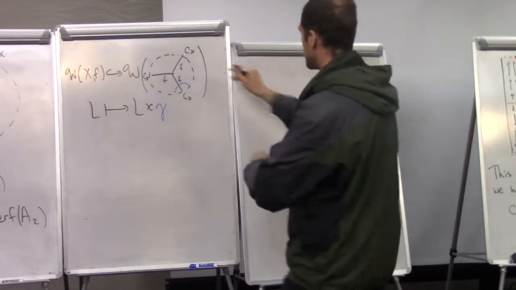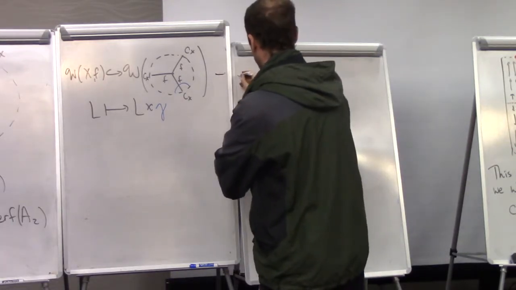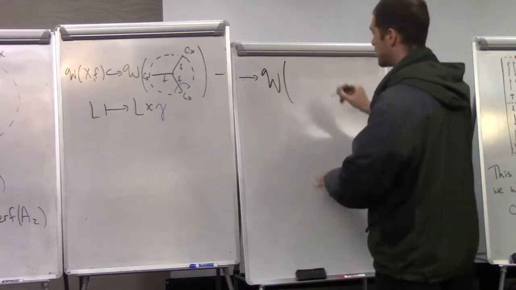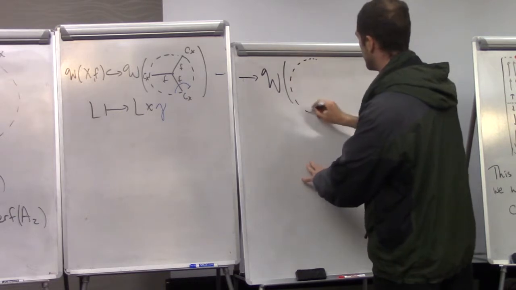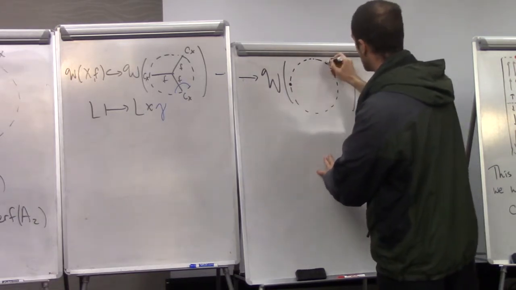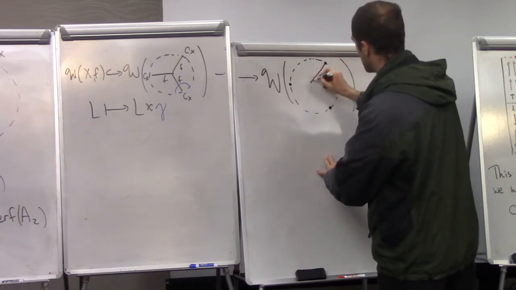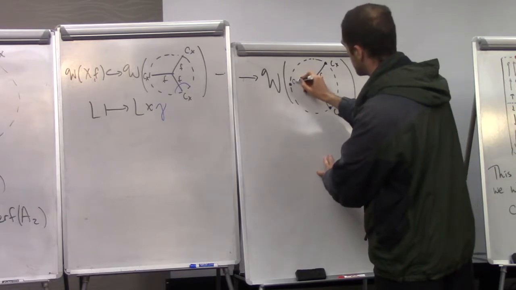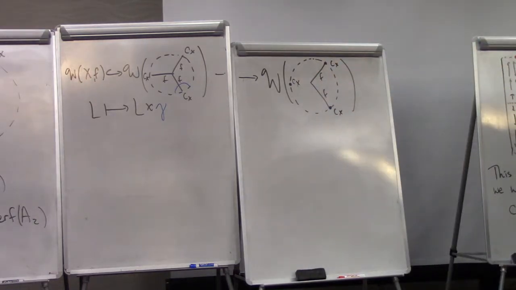Oh, so we'll continue now. This has a functor to W of this guy, where I remove that copy of F.